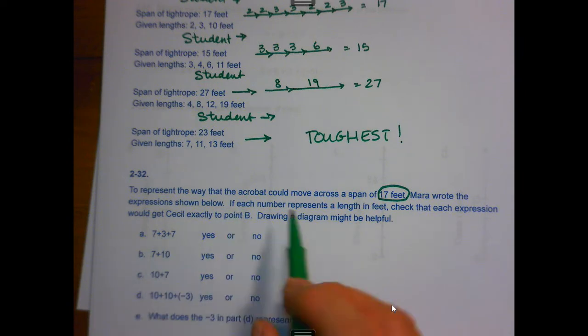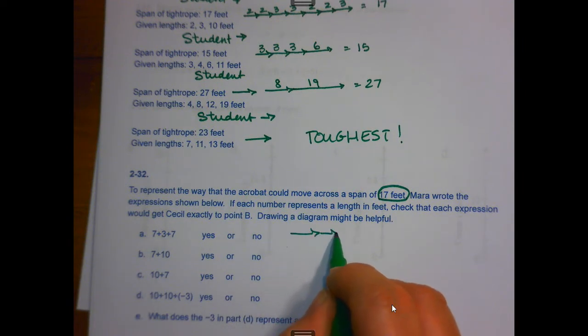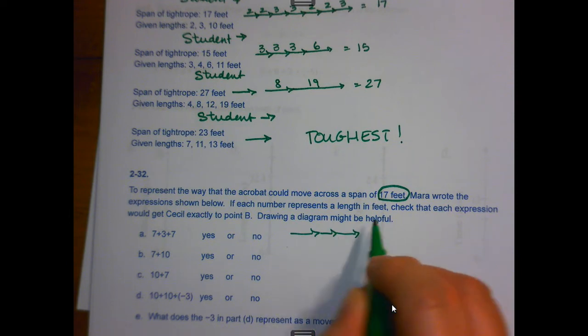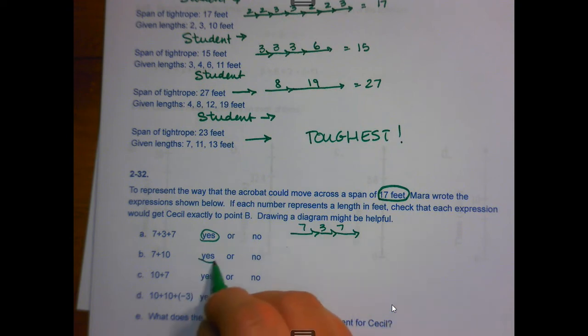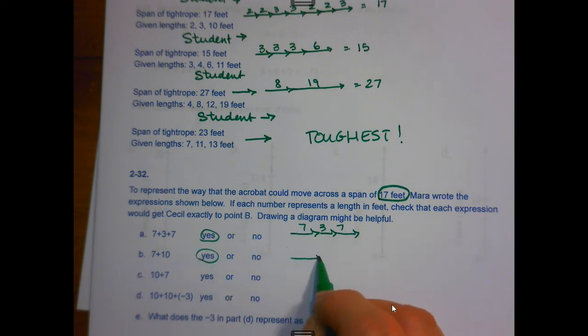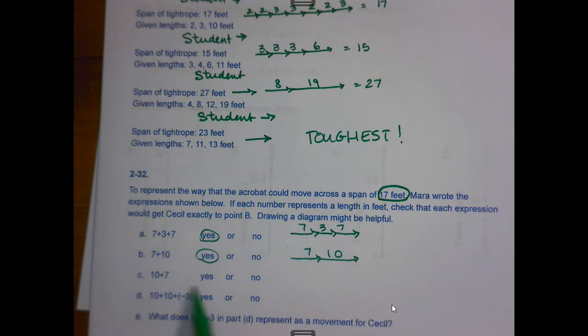7 plus 3 plus 7, that does give me 17. 7 plus 10, that does give me 17. 10 plus 7, that does give me 17. And 10 plus 10 is 20 plus negative 3. So 10 plus 10 plus negative 3.